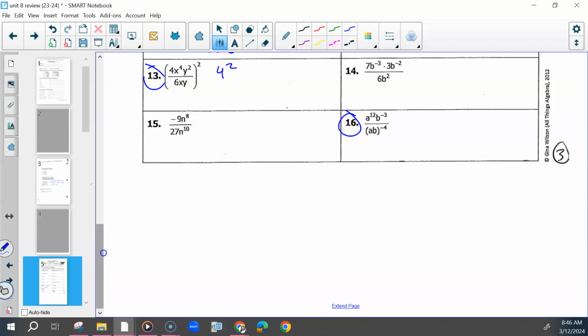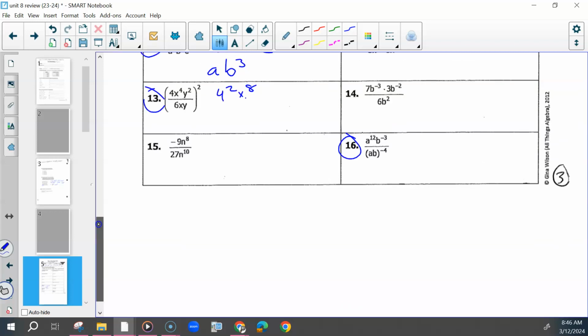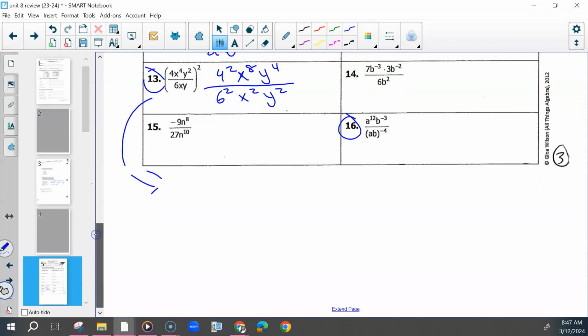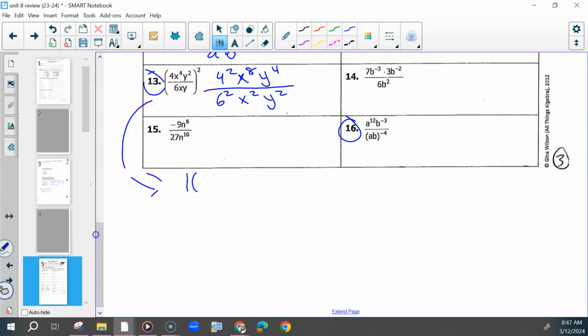So this would be 4 squared, x to the 8th, y to the 4th, over 6 squared, x squared, y squared. And then we figure out what 4 squared and 6 squared is, and then subtract the exponents. So 4 squared, I'm going to write this down here. What's 4 squared? 16. 6 squared is 36.